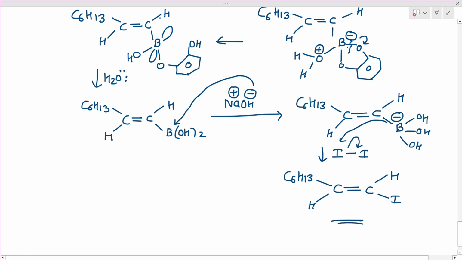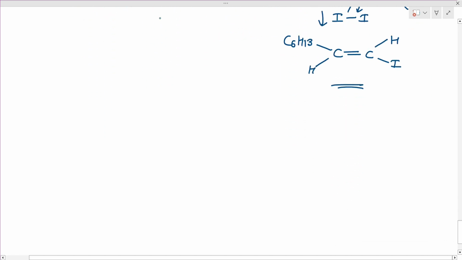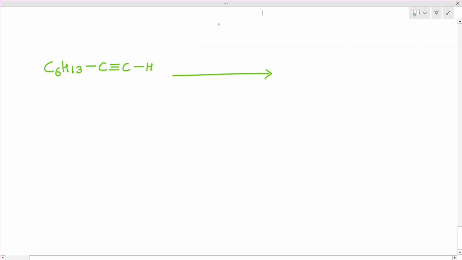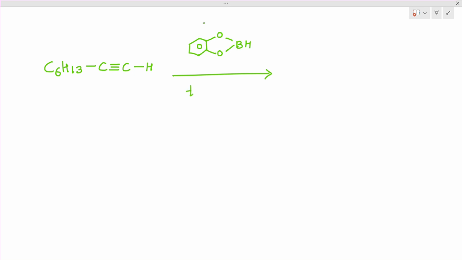Now this reaction can also happen with bromine. When you have given bromine instead of iodine, then you will get an opposite product. So see here what the reaction is. Suppose you have given the same compound C6H13, C triple bond C H, and here you have given catechol borane. Then it is treated with H2O, so you are getting the same product.